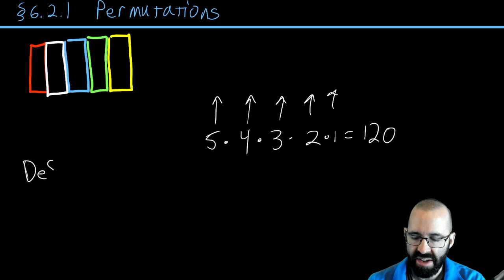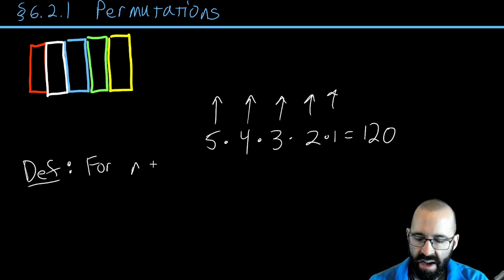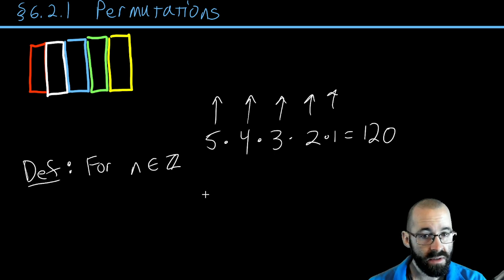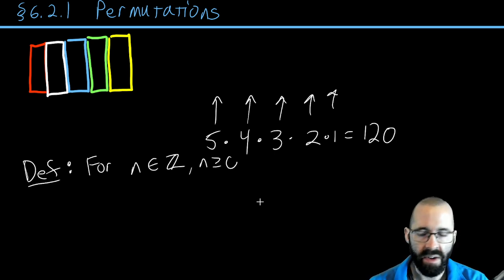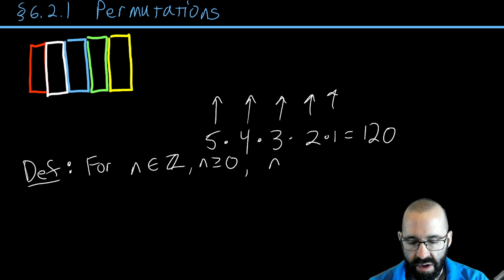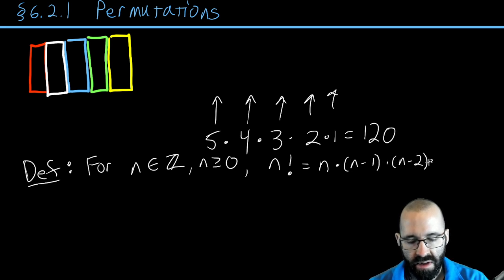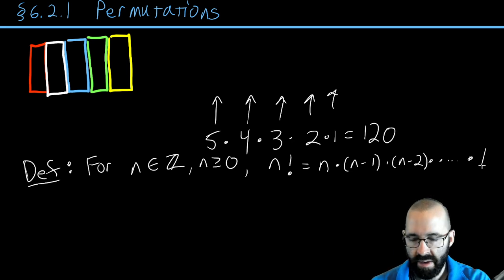So most of you have probably seen a factorial before, but for those of you who have not, let's say that we have an integer. So n is some kind of integer, and let's just say it's at least 0 for now. Then n factorial is just n times n minus 1 times n minus 2, and so on, all the way down to 1.